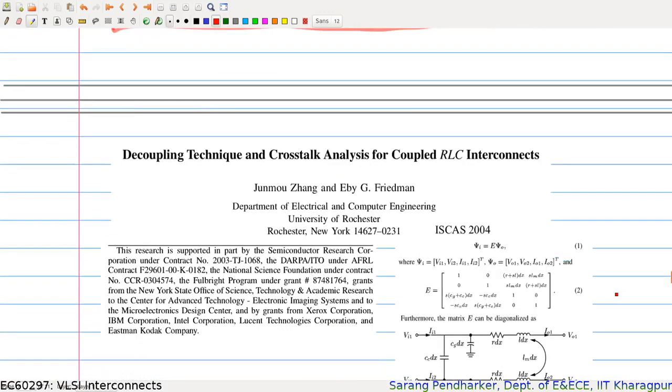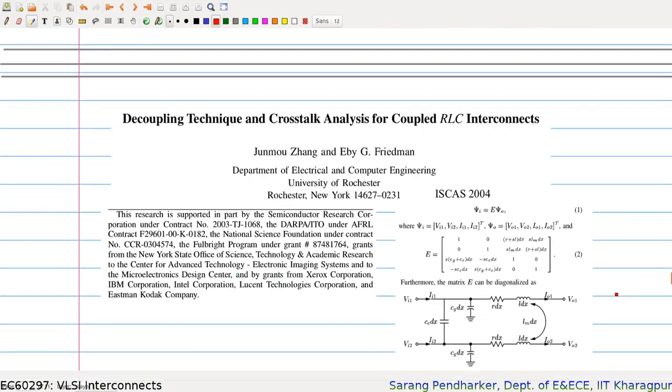The first paper that I want to refer you to is by Fredman. So we have already referred to lot many papers by A.B.G. Fredman. This is another one. This is from a conference, from 2004.